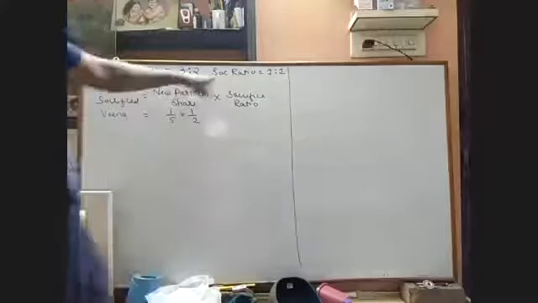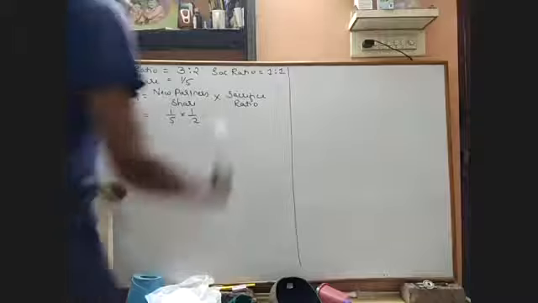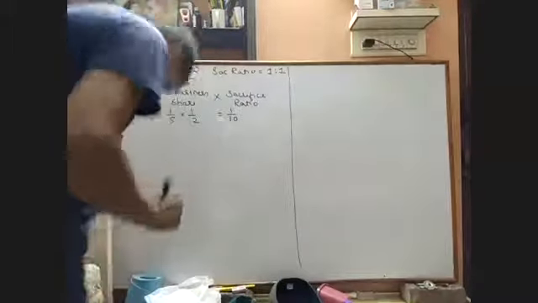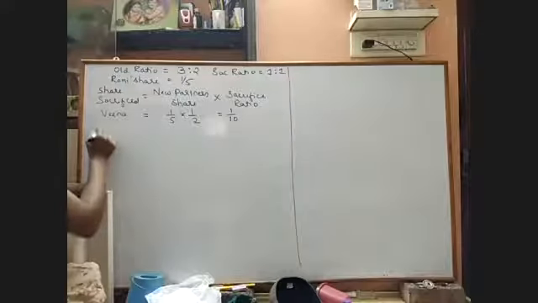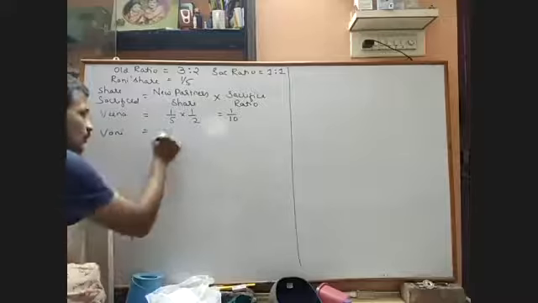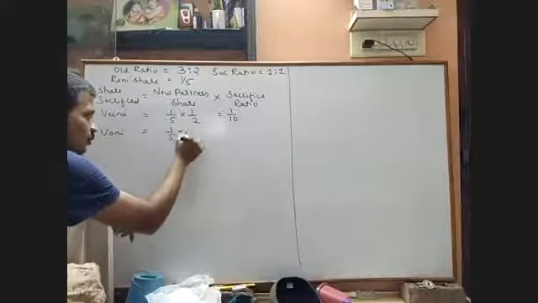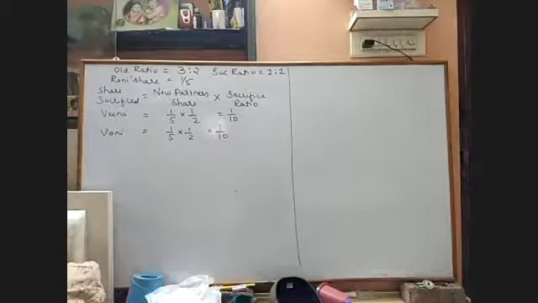I hope you can understand that 1:1 is 1/2 and 1/2. That comes to 1/10. Then next, Vani is also the same. Vani is equal to 1/5 into 1/2. That will be equal to 1/10.